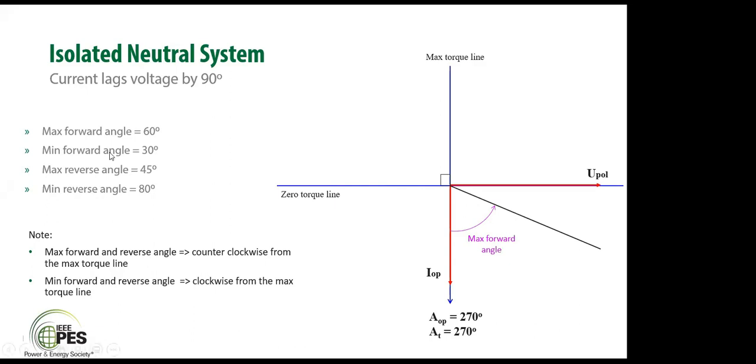What's the next thing? Minimum forward angle. That's 30 degree. How to calculate that? It's given minimum forward angle clockwise from the maximum torque line. So 30 degree from the maximum torque line, we have got the minimum forward angle. So once we have the maximum and minimum forward angle, the area between these two lines will be considered as the forward operation zone.